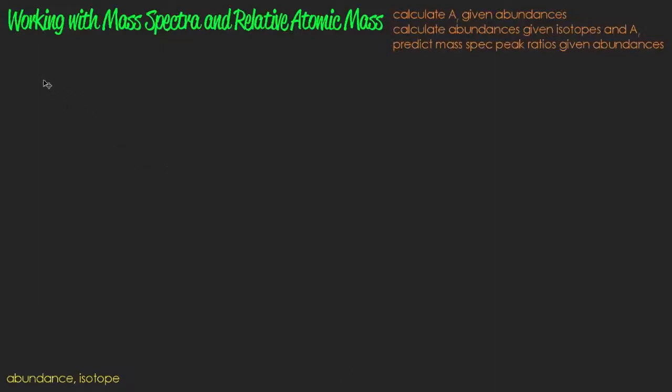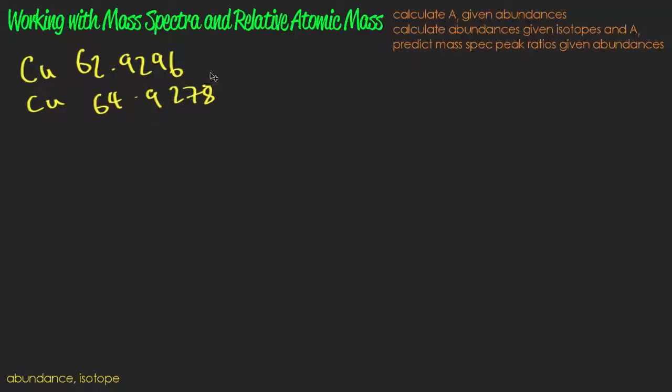Okay, so some isotopic information on copper. We've got copper 62.9296, and then that's copper 63, and then copper 65 is accurately 64.9278.